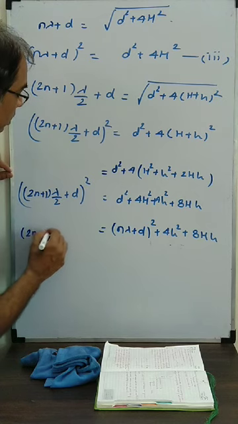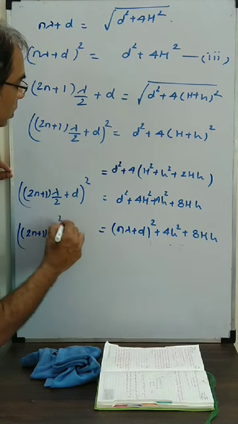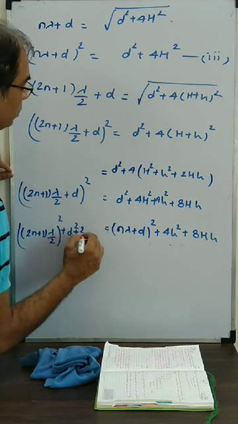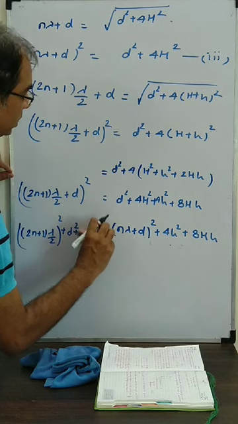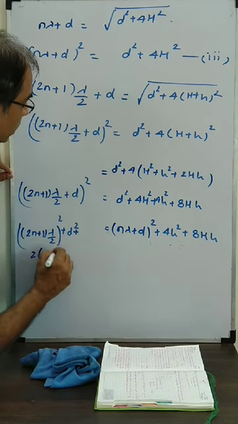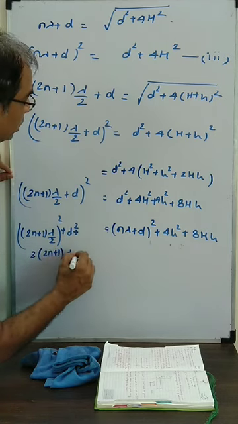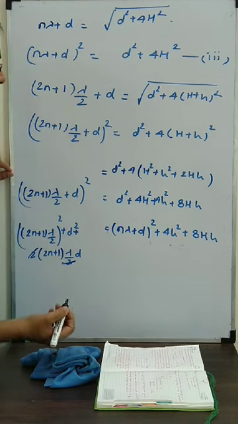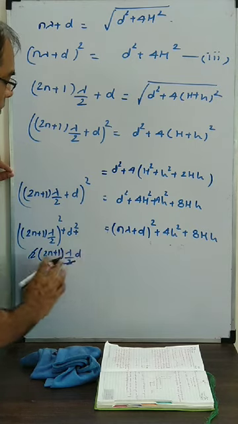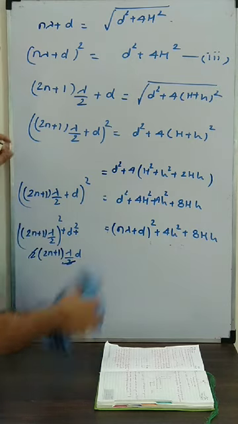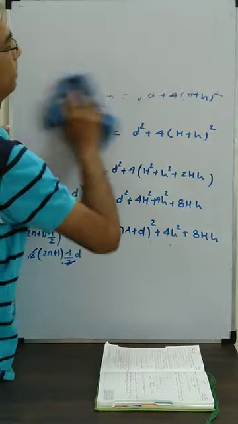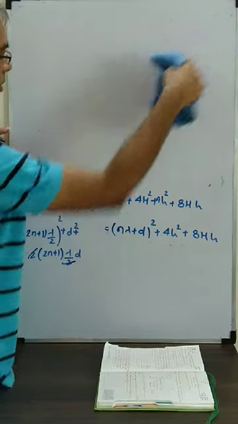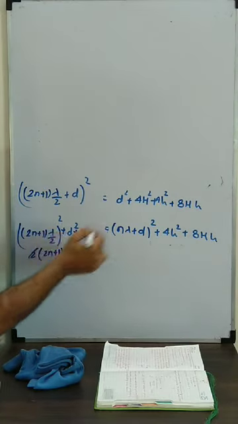So we get ((2n plus 1) lambda by 2) whole square plus d square plus 2 into (2n plus 1) lambda by 2 into d. Okay, this 2 you can cancel over here. Alright, now we have to solve. This also we will square now.